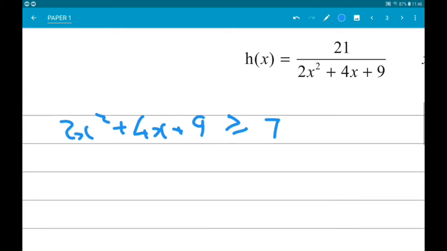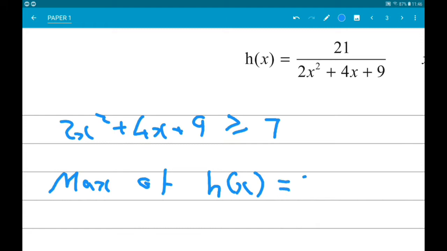So the max of h of x is 21 over 7, which is 3.